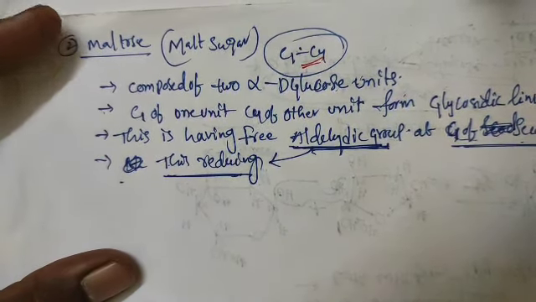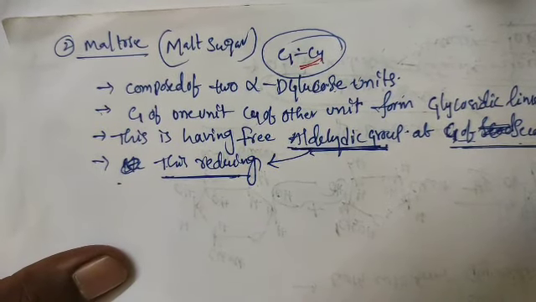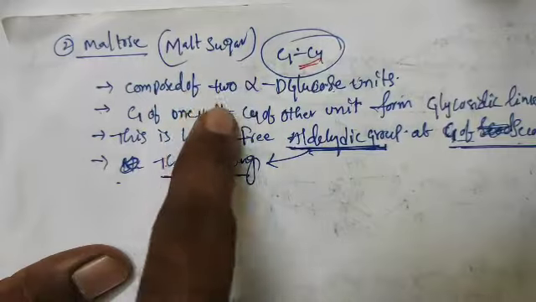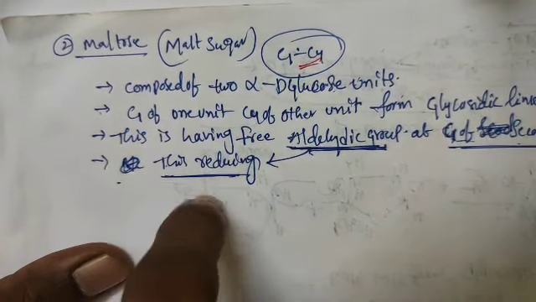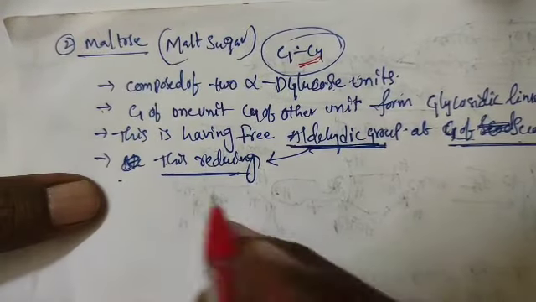It gives a positive test with Fehling's solution, as we discussed one day. If there is no aldehyde group, it does not give a positive test with Fehling's solution or Tollens reagent. All monosaccharides are reducing sugars, but maltose, even though it is a disaccharide, is also a reducing sugar. Why, I will tell. I will draw the structure, then you can understand.